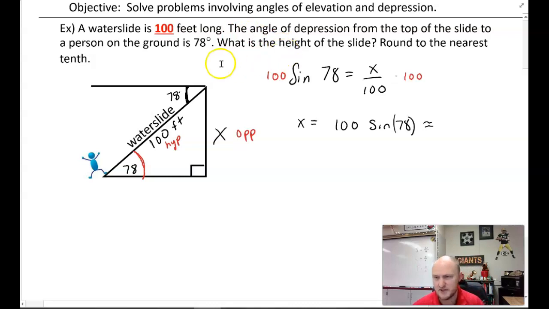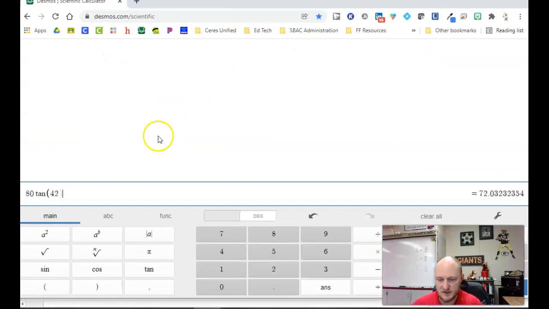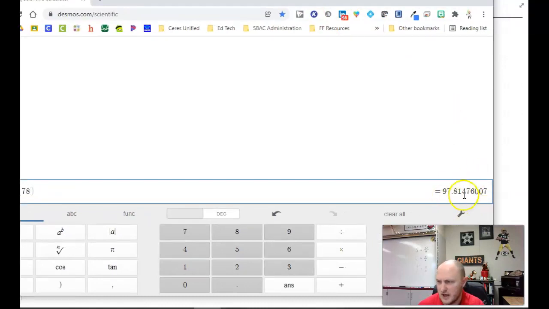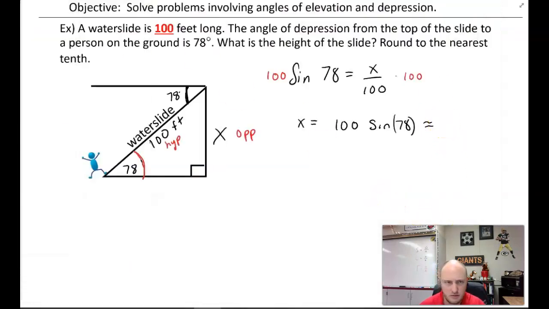We want to round to the nearest tenth, they say. So I'll plug this in: 100 times sine of 78. We get 97.8, and the next digit is 1, which is less than 5, so it stays 97.8.